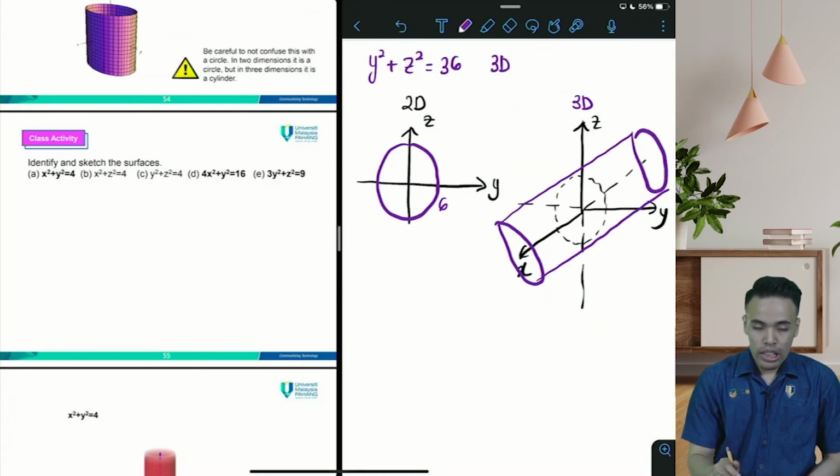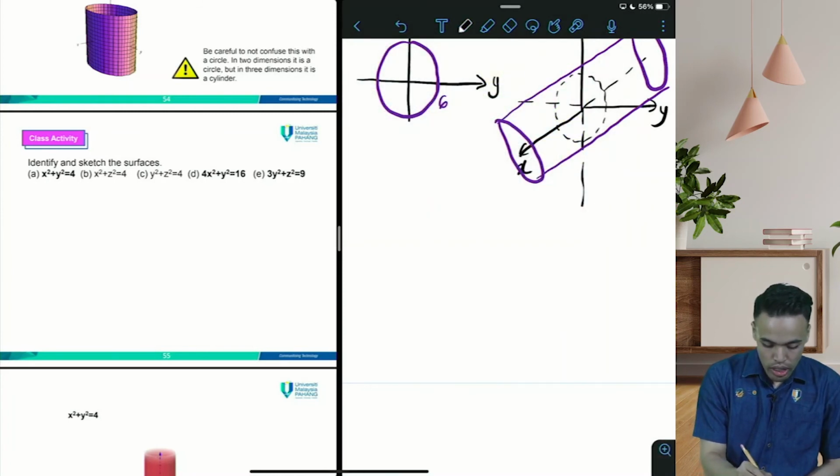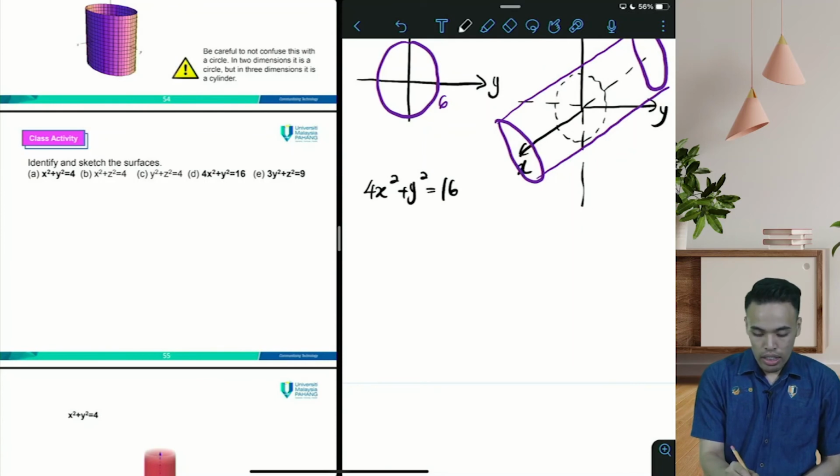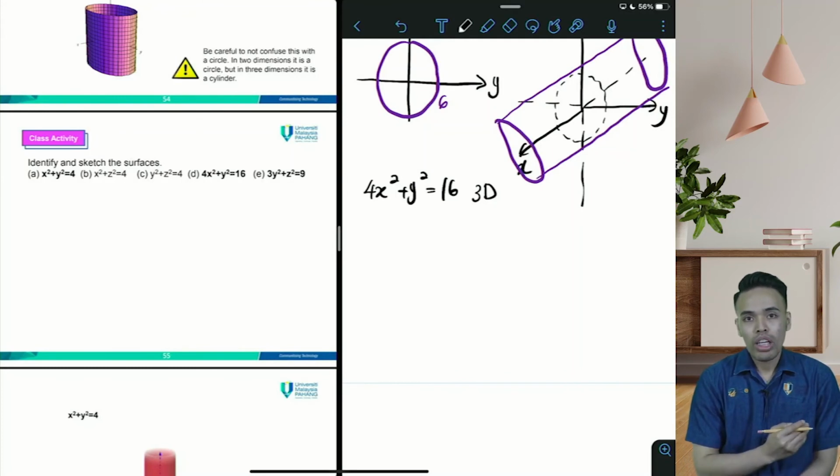Okay, we have discussed circular cylinder, but what will happen if you are given an equation such as x squared plus y squared is equal to 16, and the question asks you to sketch it in a three-dimensional coordinate system?